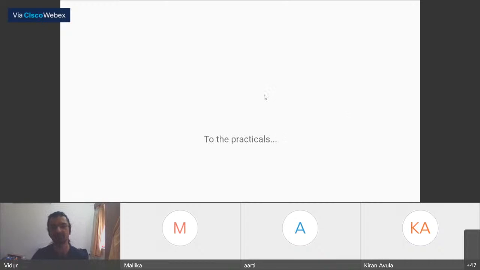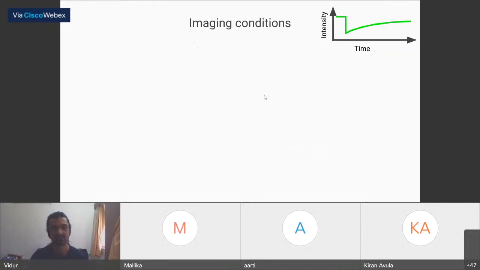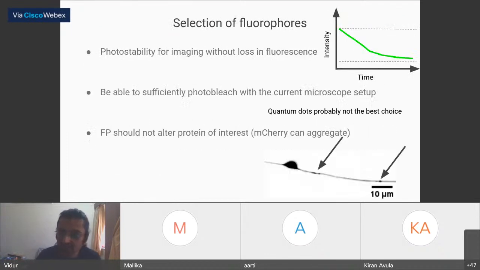Okay, so I guess this is this slide. What kind of fluorophore? That depends on your FRAP experiment. If you're looking at very rapid kinetics, let's say within the second time scale, you have to be sure.